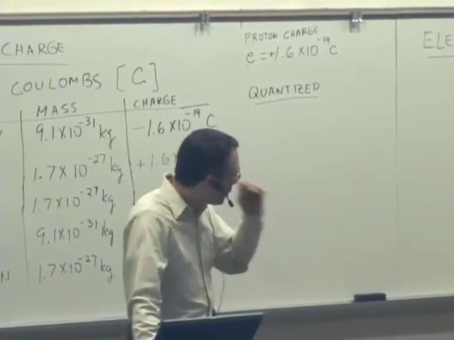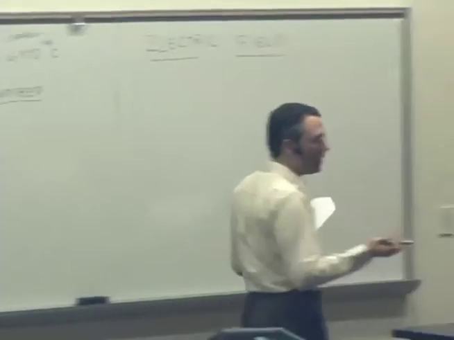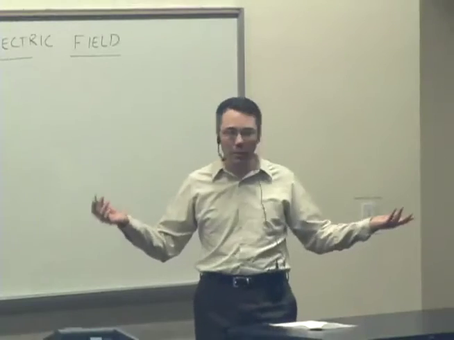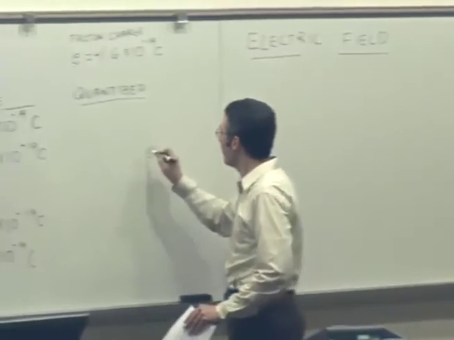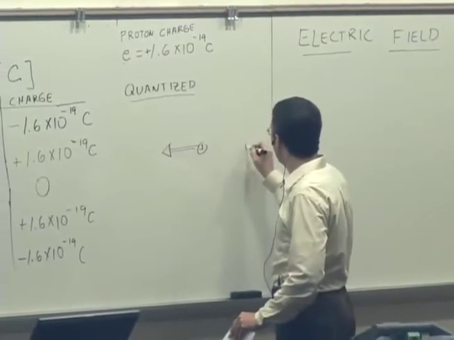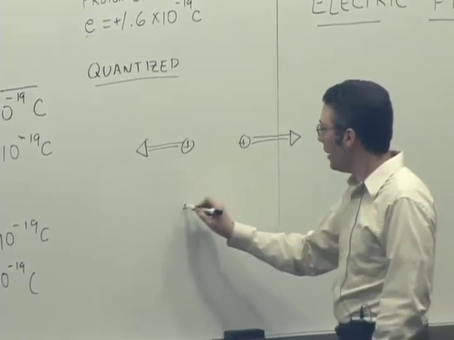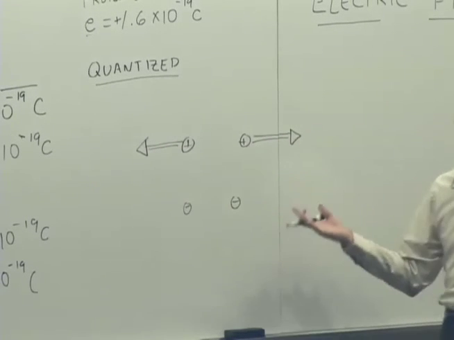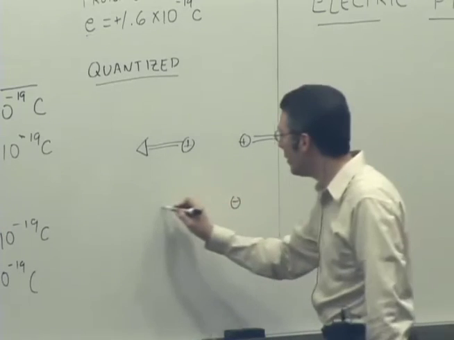Okay, so that's charge. And what do we know about charge? When we bring two positive charges near each other, what do they do? They repel. So I bring a positive and a positive near each other, and they're going to exert repulsive forces on each other, right? And if I bring two negatives near each other, they push apart also, right? They repel also.